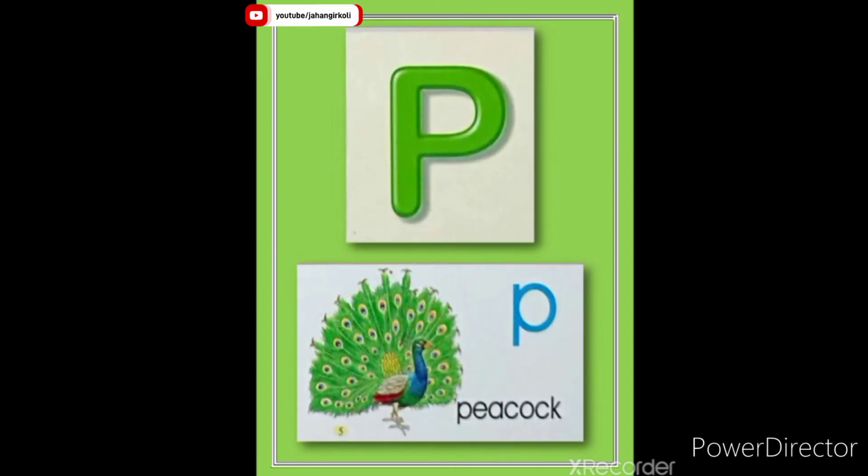P is for peacock. P-E-A-C-O-C-K, peacock. P is for peacock.